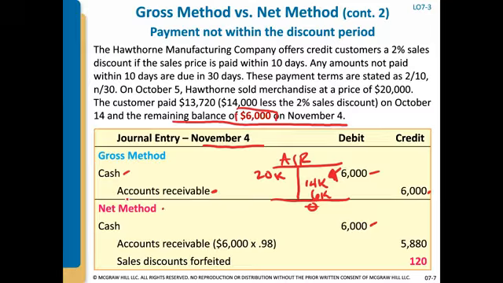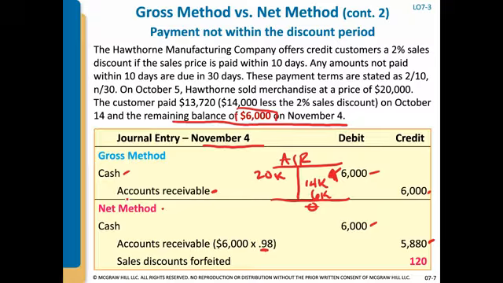When we look at the net method, right, we received our cash at 6,000, and our accounts receivable was recorded at 98%. It already included the 2% discount. So we have to credit our accounts receivable at what it was recorded at. And now our entry is out of balance.